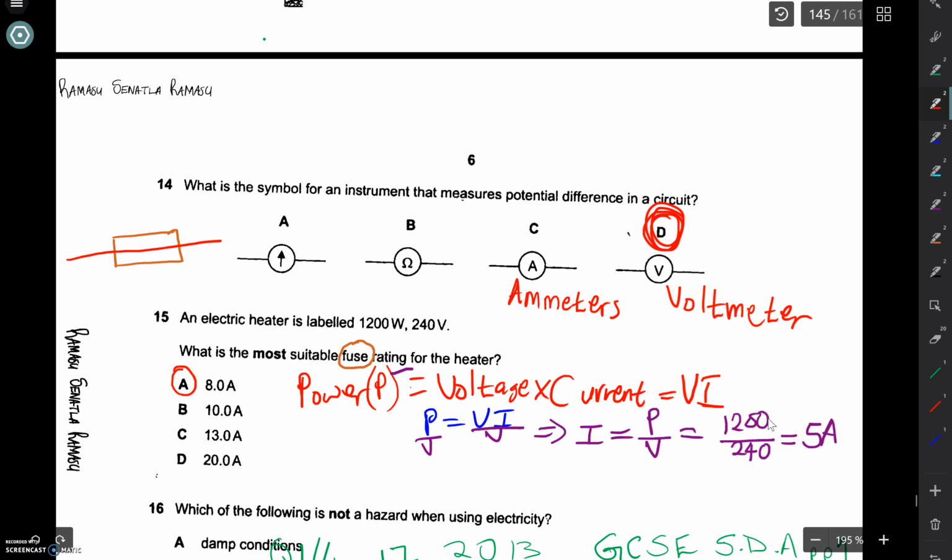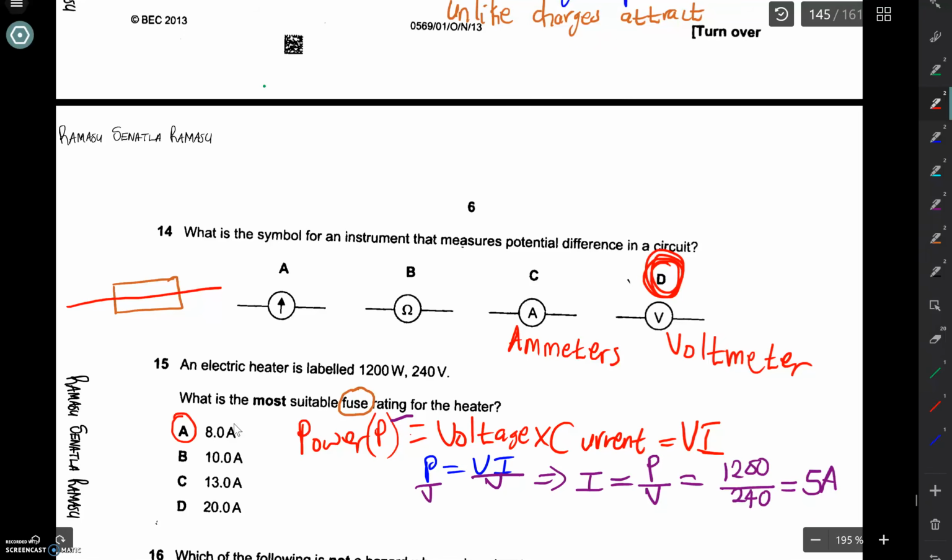Because if your heater needs 5 amperes and you use a fuse with a rating of 10 amperes, then there might be twice as much current as you need flowing in the heater. So then your heater might get damaged. So the best fuse rating to use would be an 8.0 amperes fuse.